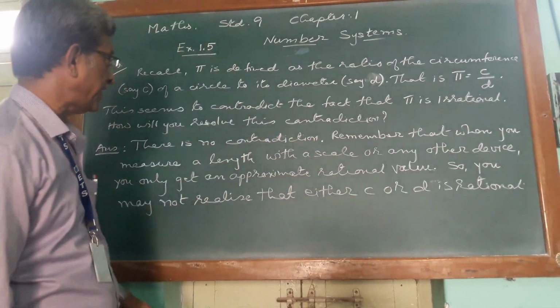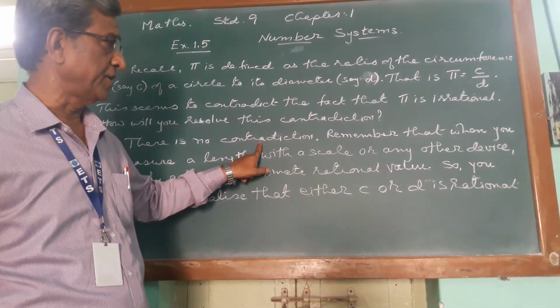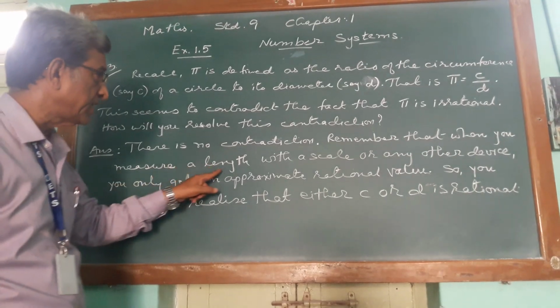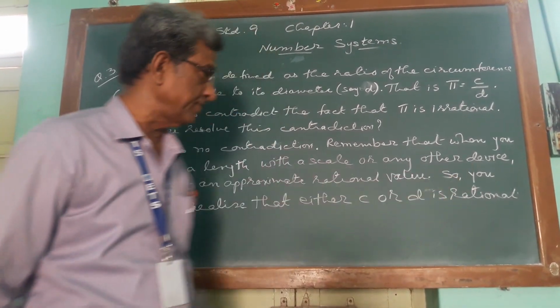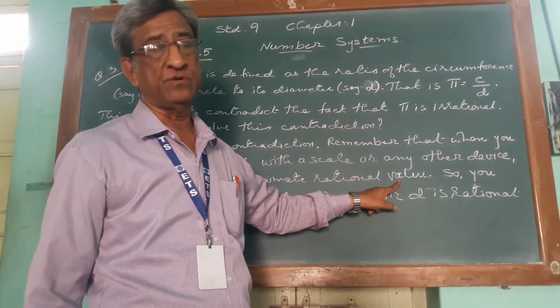For that, you know that there is no contradiction. Remember that when you measure the length with a scale or any other device, you only get an approximate rational value.